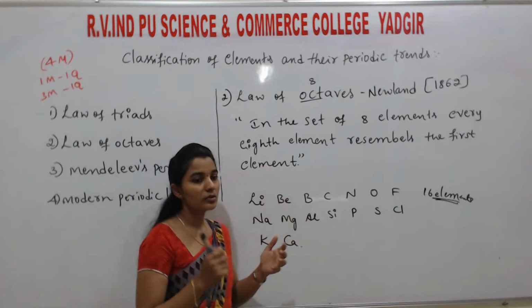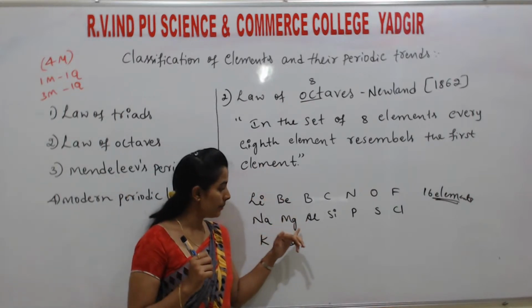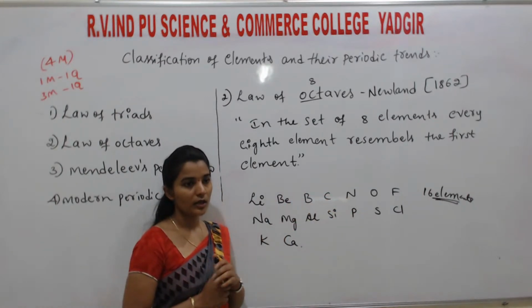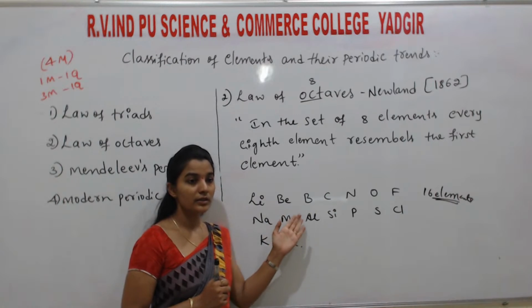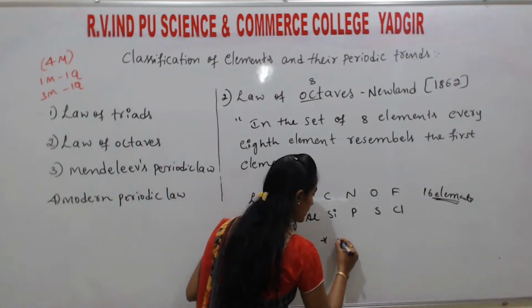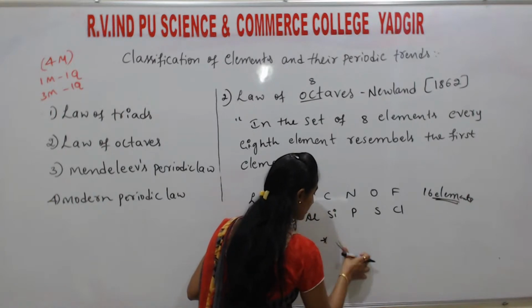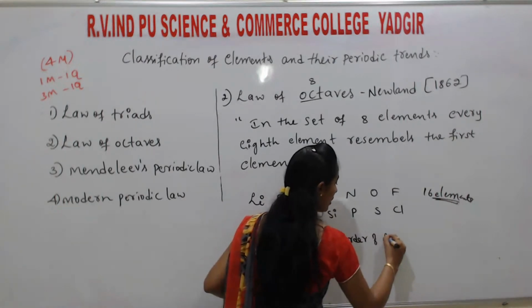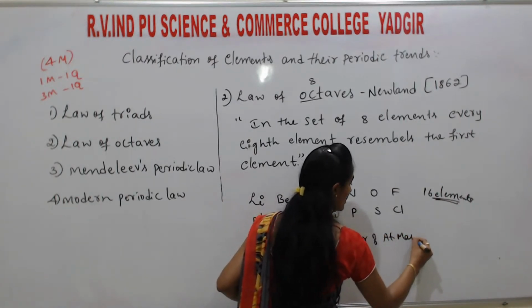Understand? Here, what are the postulates? This Newlands also tried to arrange the elements in the increasing order of atomic mass. I'll write the points here. He tried to arrange the elements in increasing order of atomic mass.